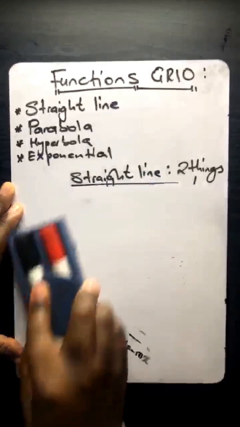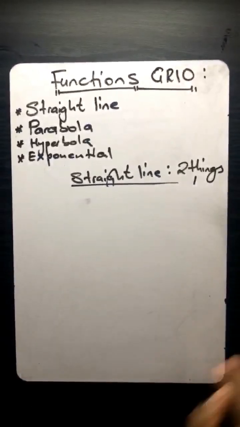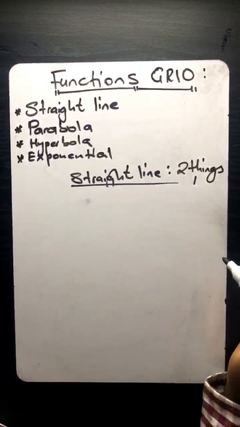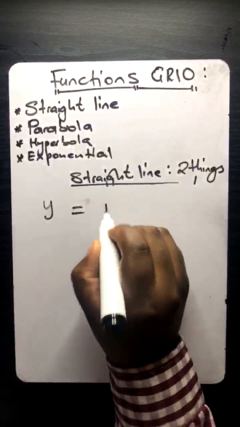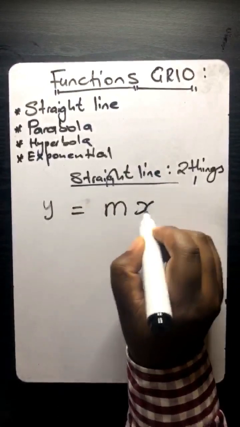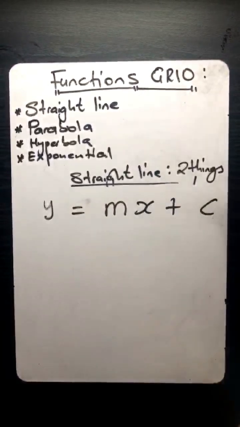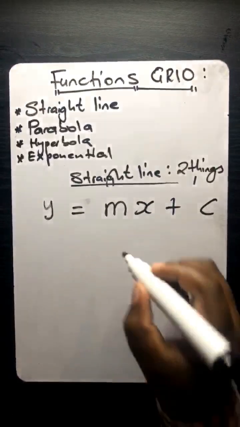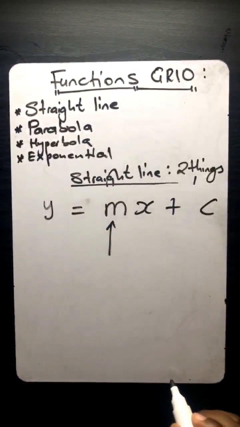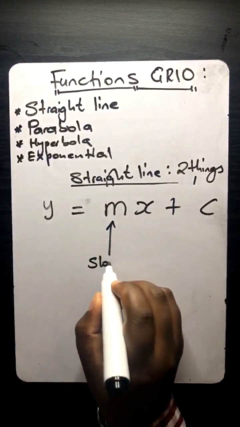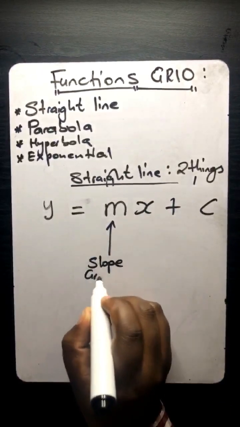So now this is what I'm therefore going to summarize. Since the general formula is y is equals to mx plus c, this tells us more about the slope, or otherwise you can call it the gradient.